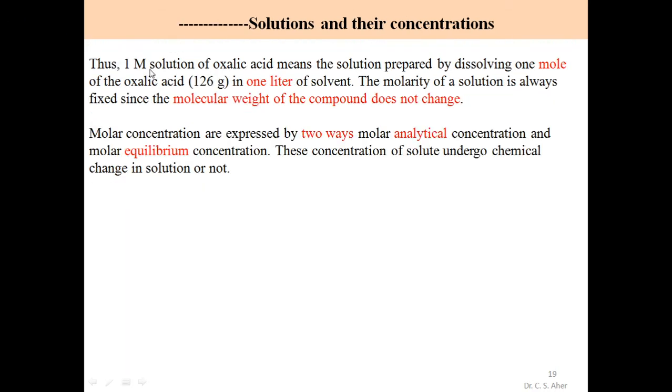For example, a 1 molar solution of oxalic acid means the solution is prepared by dissolving 1 mole of oxalic acid. So what is 1 mole of oxalic acid? The molar mass of oxalic acid is 126. So we dissolve 126 gram of oxalic acid in 1 liter of solvent, and it gives a 1 molar solution of oxalic acid.